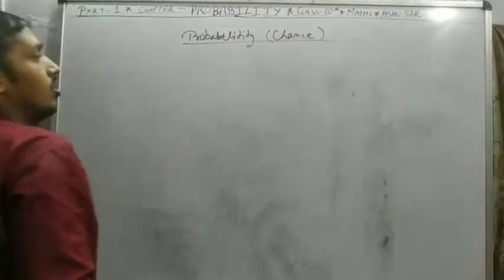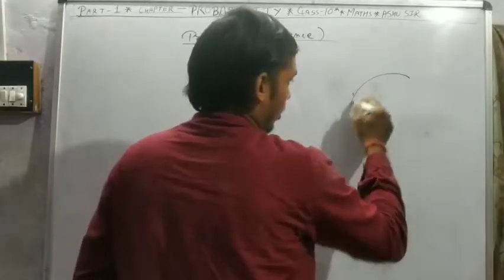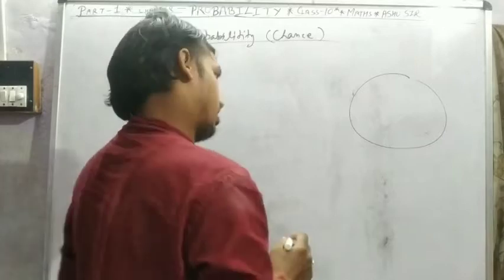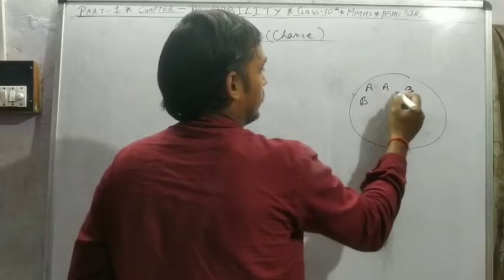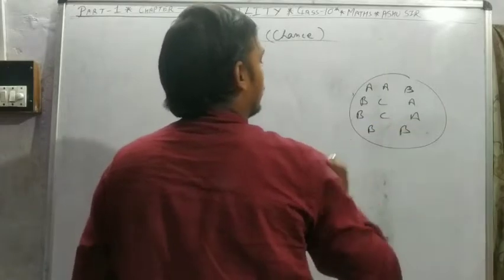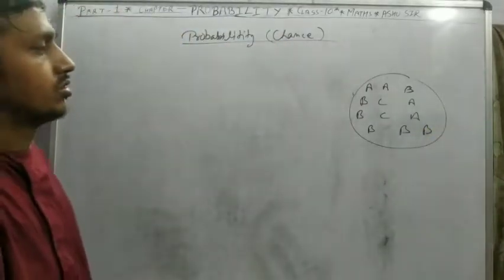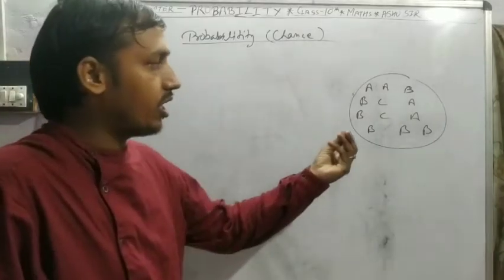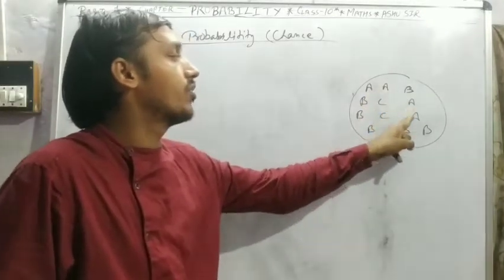Chance, possibilities. Means if I say any box contains some English letters, and I ask what is the possibility of selecting A, how many A are here? 1, 2, 3, 4.